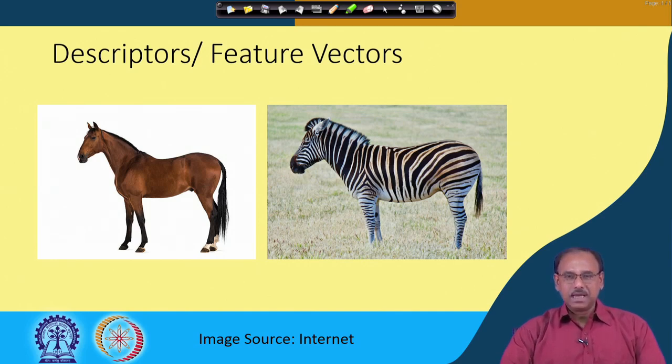One is the shape descriptor, that is the shape of the horse and the shape of the zebra, and the second one is the region descriptor, which means the color, intensity and texture of the body of the horse and the body of the zebra.